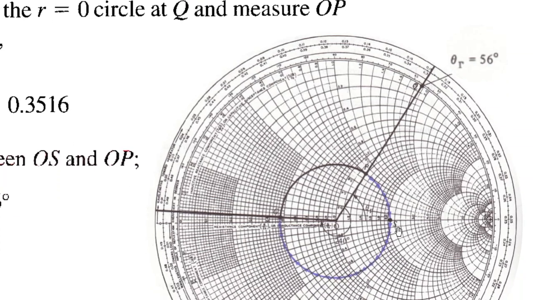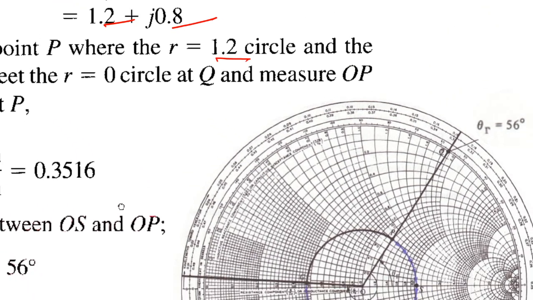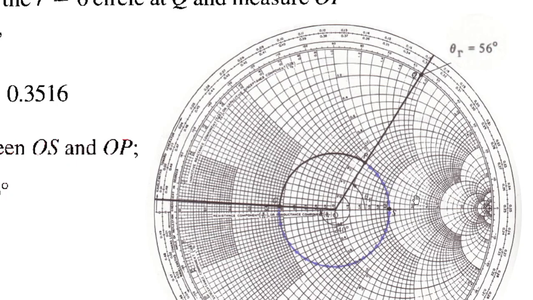1.2 you find here. This is 1.2, 1.4, 1.6, and so on. This is 2. So you are moving. This is the R circle here. Next, you have 0.8. So here you see what the 0.8 is. You can see from here.